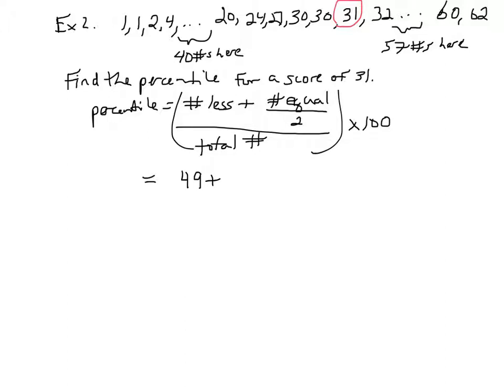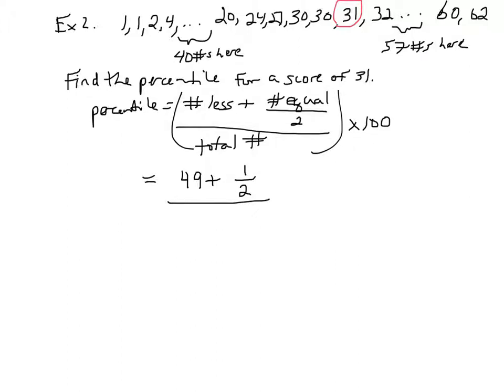But for the purpose of doing percentile, number equal might as well be how many of that number are there. So if you want to make a little note in your notes that circles that and says how many are there, that might be good for you. Some people like number equal, some people don't. There's 1 of them. So 1 over 2 divided by my total number.